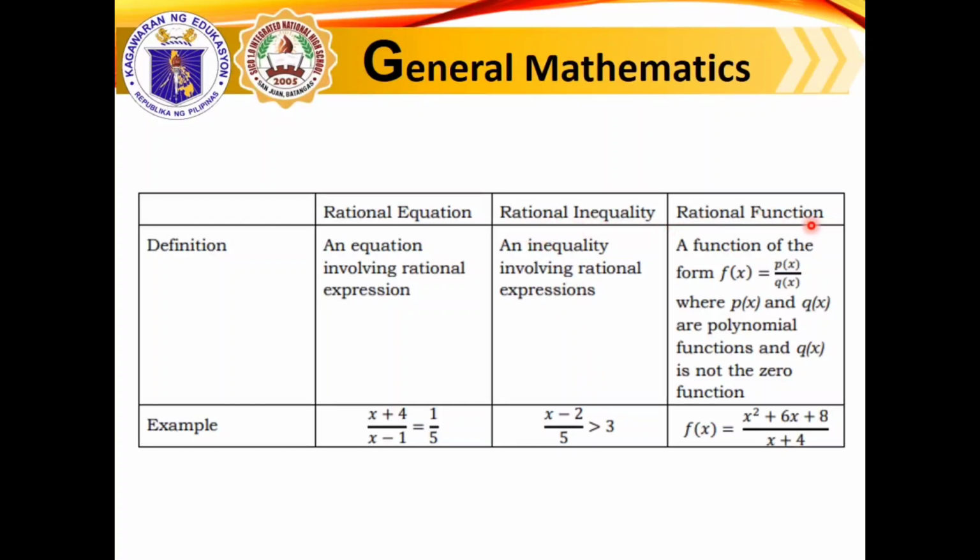For rational function, it is a function of the form f of x equals p of x all over q of x, where p of x and q of x are polynomial functions and q of x is not the zero function. This is an example: f of x equals x squared plus 6x plus 8 all over x plus 4. As you can see, we have the rational expression and we have the function, which makes it a rational function.